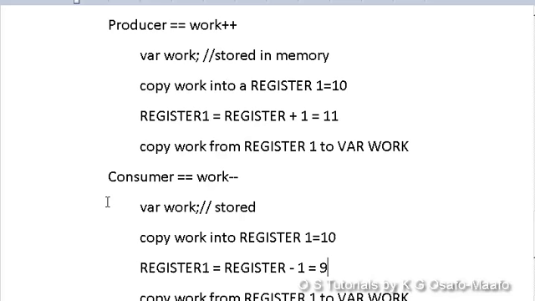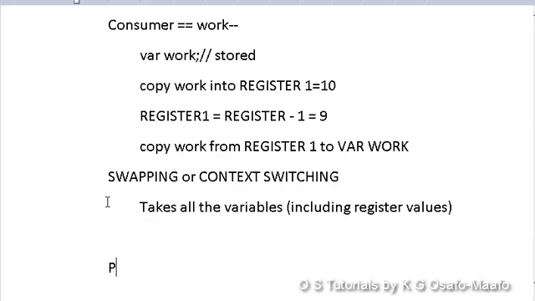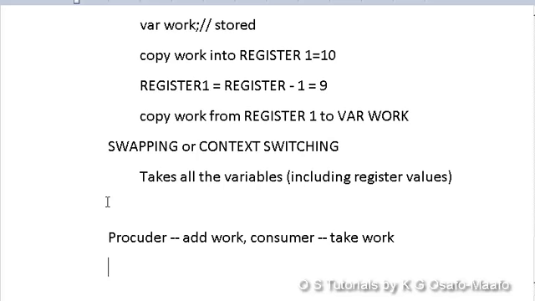Now, in the case where you are expecting to run the producer to add work and the consumer to take work, we expect that if the consumer runs once and the producer runs once, the value of work before is equal to the value of work after.